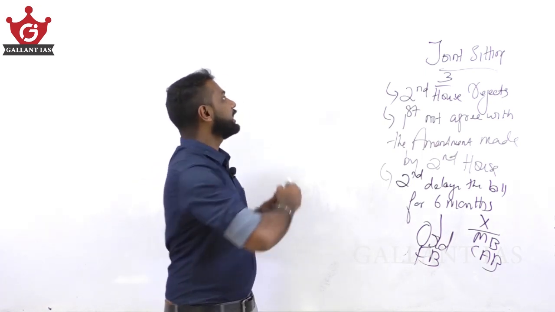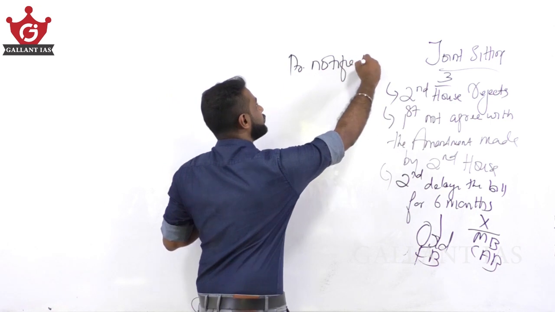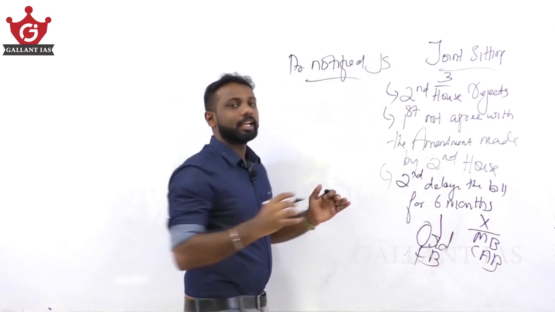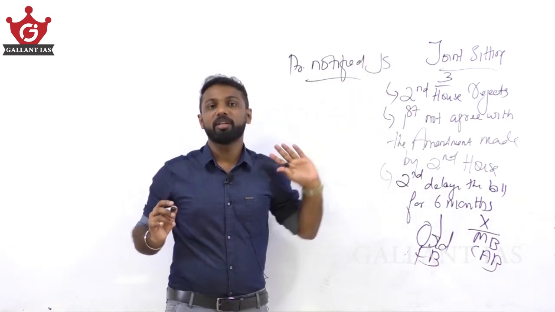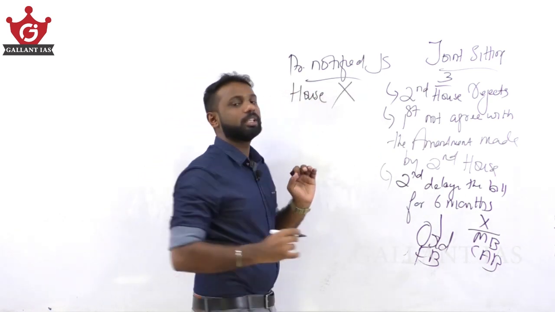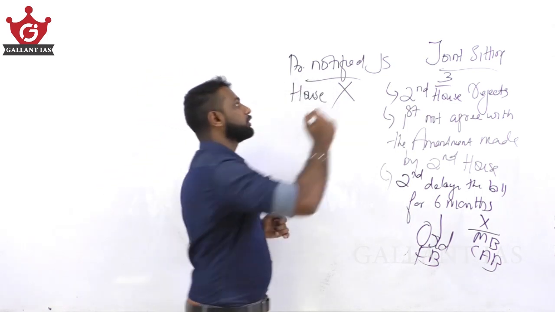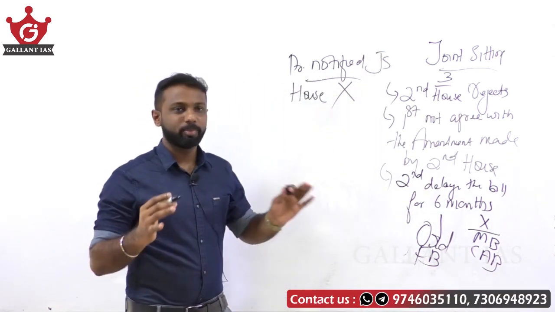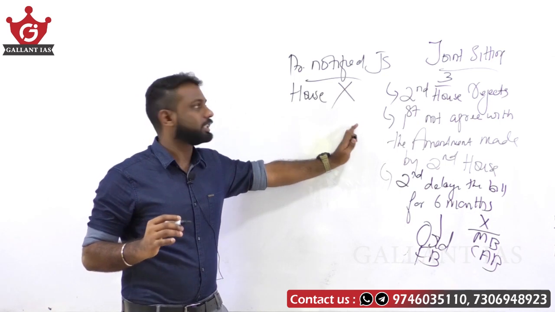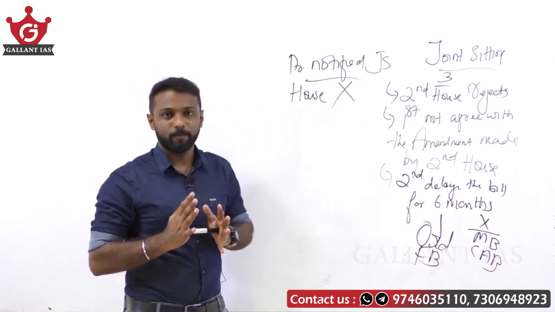When the President notifies a joint sitting, the Houses cannot proceed with the bill further. I repeat, after the President notifies a joint sitting, the Houses cannot further proceed with the bill.